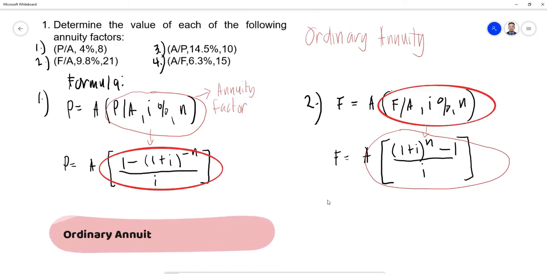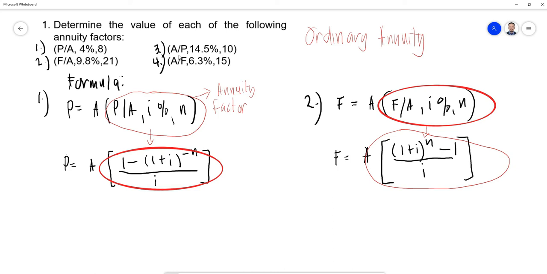Lastly, this is an ordinary annuity problem. Determine the value of each of the following annuity factors. We have 4 problems here. For the first, P given A at 4% at 8 interest periods. Number 2, F given A at 9.8% at 21 interest periods.